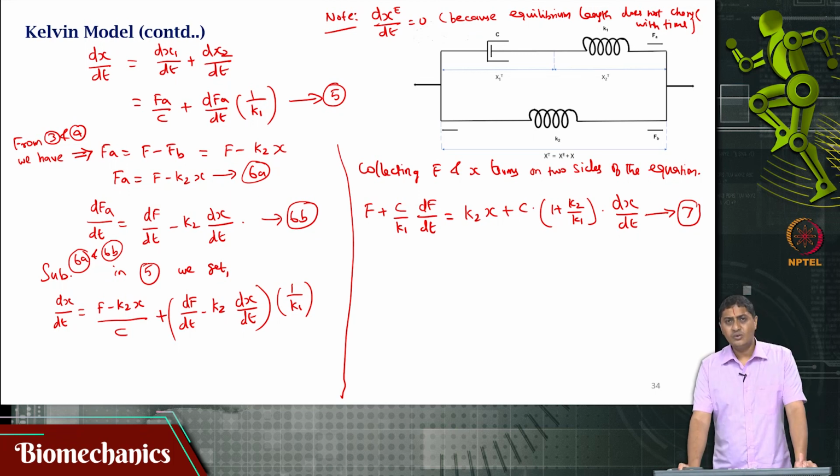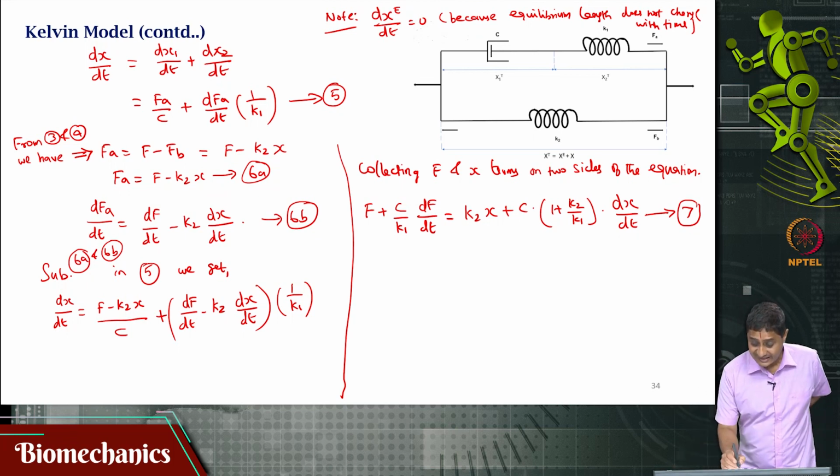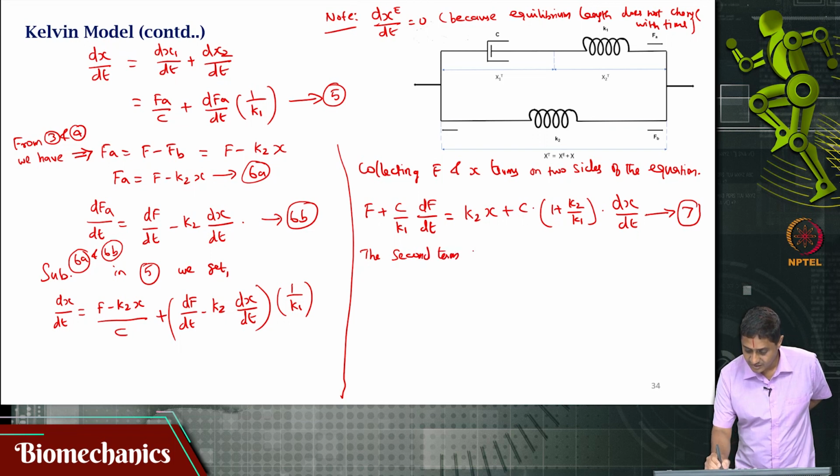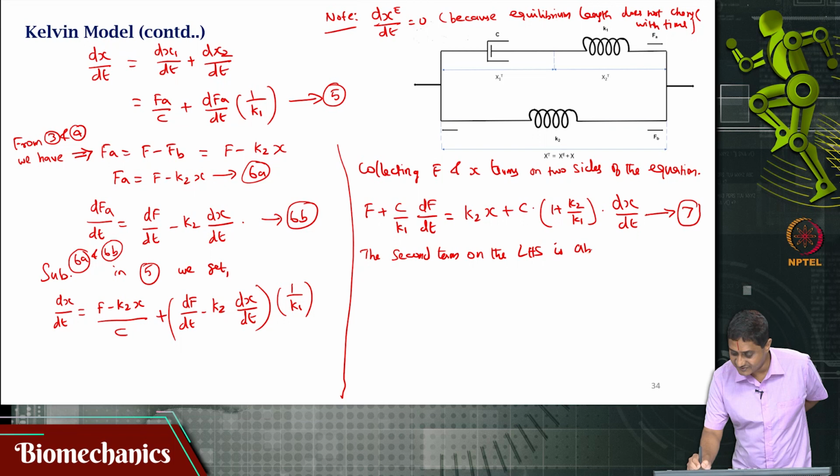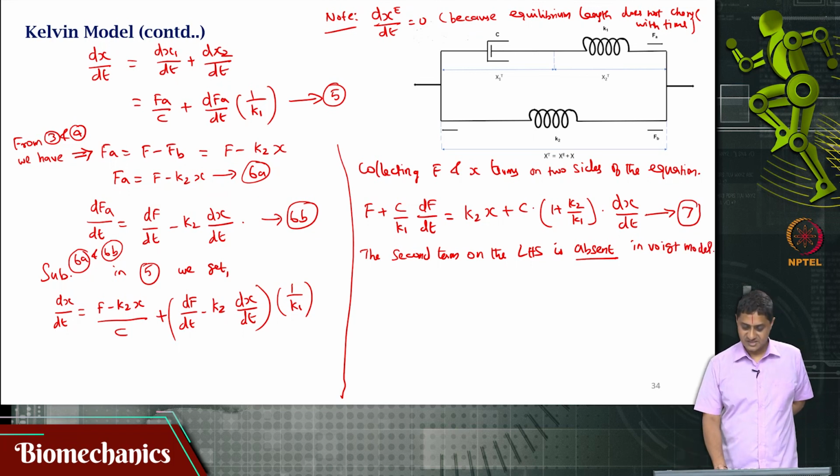Now, it seems like there is some similarity between the Voigt model and Maxwell model with this expression. There is some familiarity when I see this. What is the familiarity? Well, the second term on the left hand side is absent in the Voigt model, is it not?